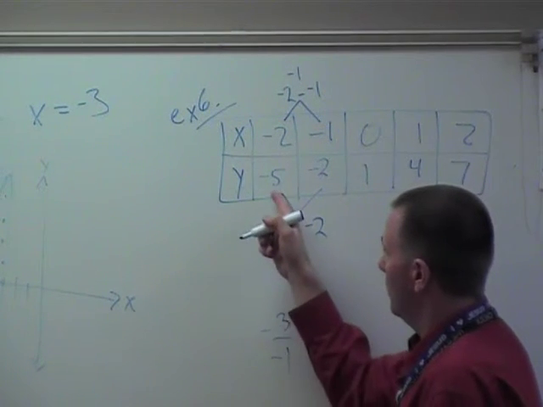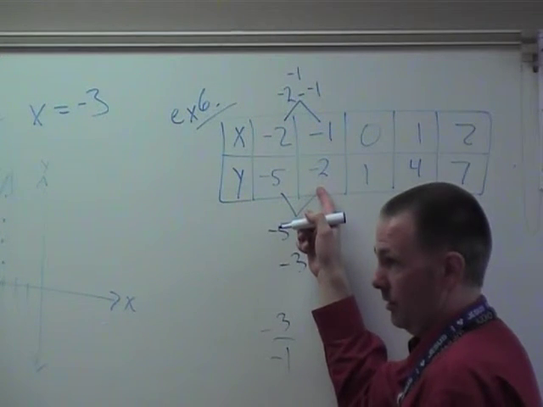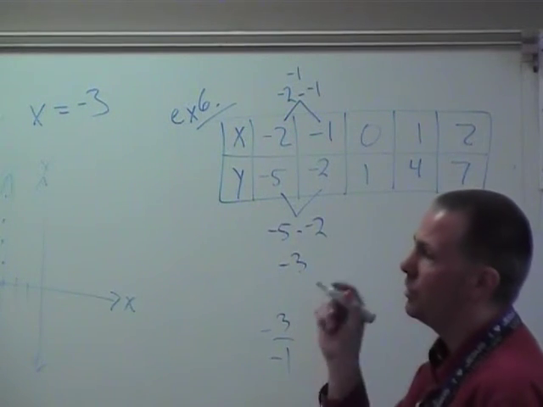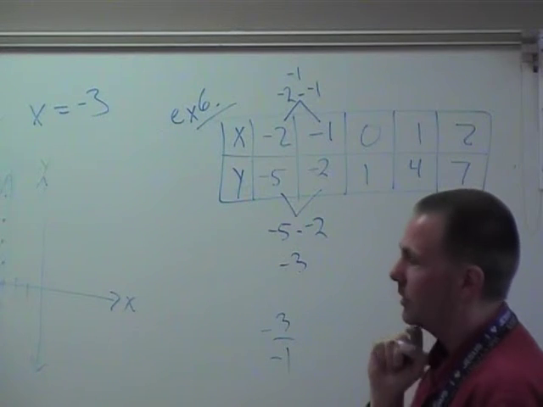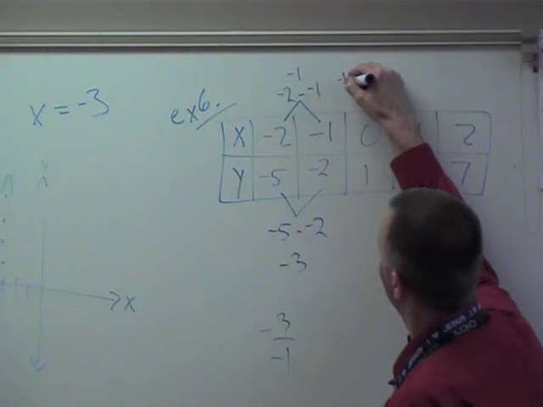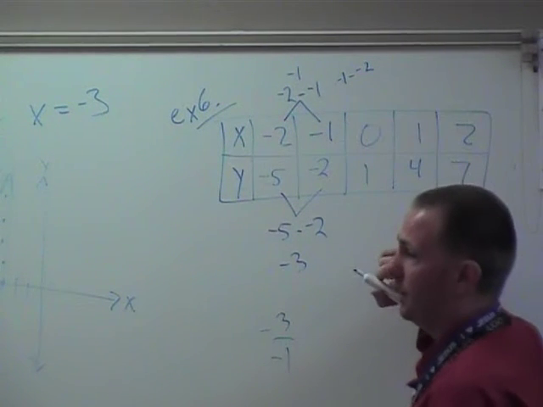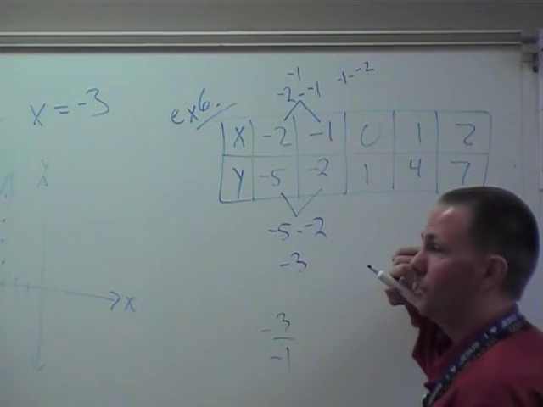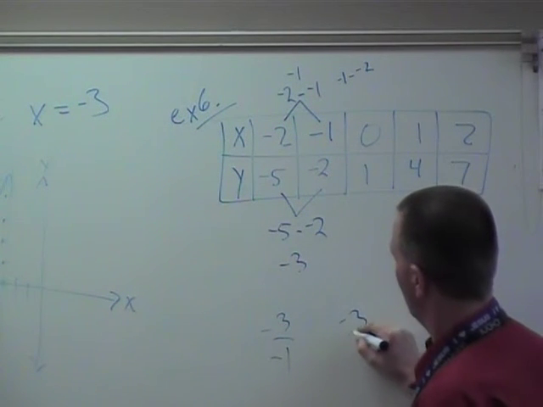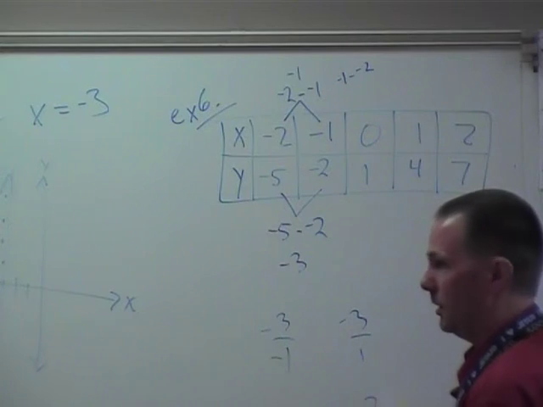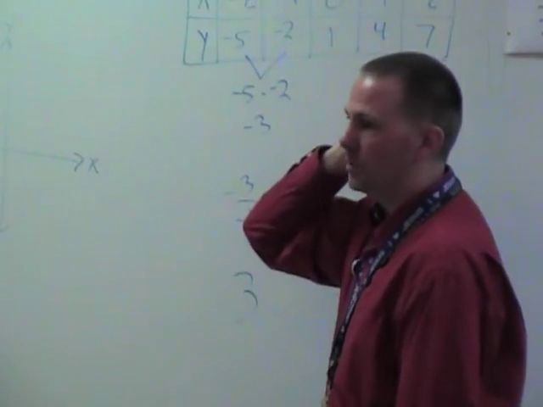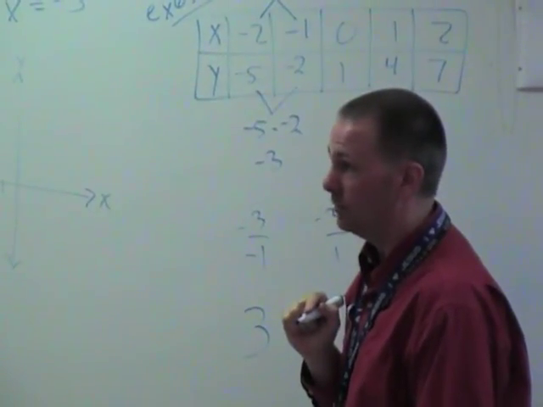If I go left to right here, I better go left to right up here. That's what those numbers mean. If I had gone -1 minus -2, my answer would be +1. What's -3 over +1? -3. Are they the same? No. Make sure you go the same direction.